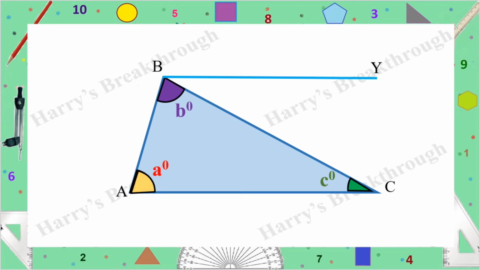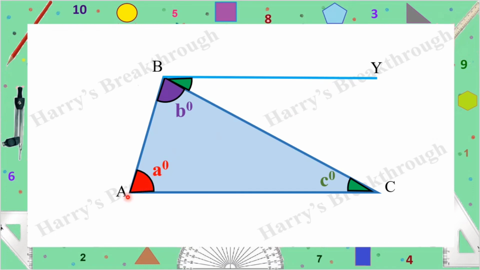If you consider angle A and angle ABY, you will get co-interior angles, or these two yellow angles are co-interior angles. We know that angle ABY is the sum of angle ABC and angle CBY. So what will be the measure of angle CBY?